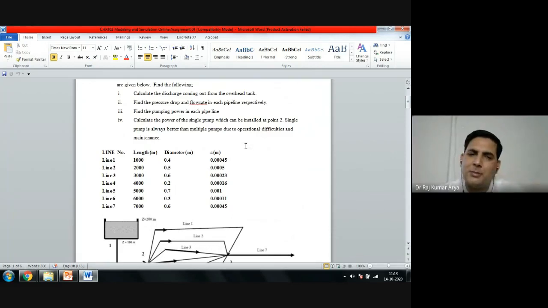As you know, a single pump is much better than multiple pumps due to so many problems. Multiple pumps will need more manpower, and create operational and maintenance difficulties. At the same time, you get changes in the flow rate and output too. So these are the constraints, and we always prefer a single pump.